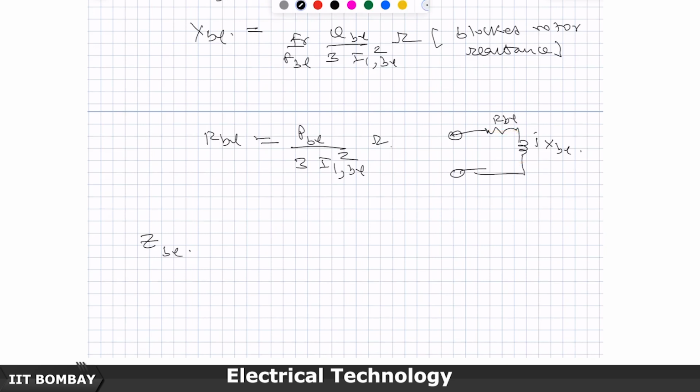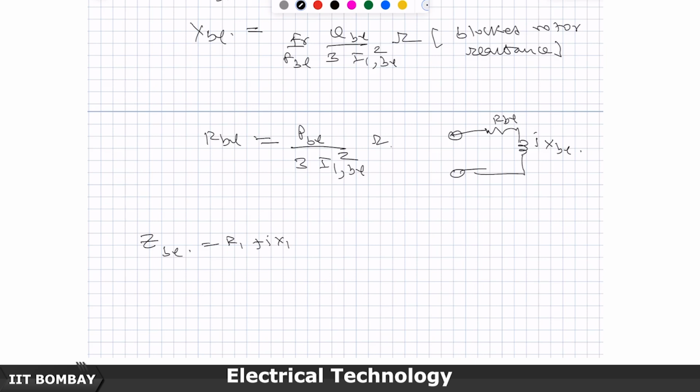Now, what is that Z blocked? Basically, first what do you encounter? You encounter the primary winding resistance R1 and the leakage reactance, which I am calling X1, in the transformer circuit. So, that is R1 plus JX1 that I encounter first.